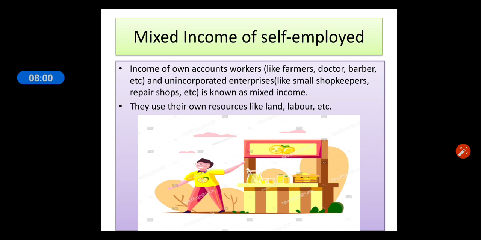I have invested my own money, and also I'm the owner, and I have used my own house. So I'm doing everything, right? So the return I receive from such services is called mixed income of self-employed. So these are the three components of factor income.